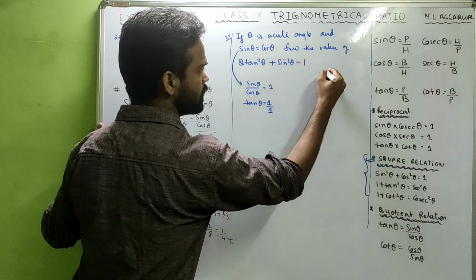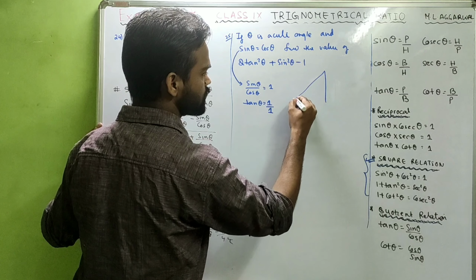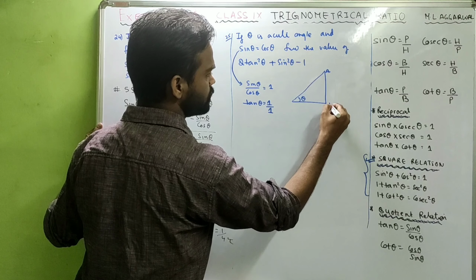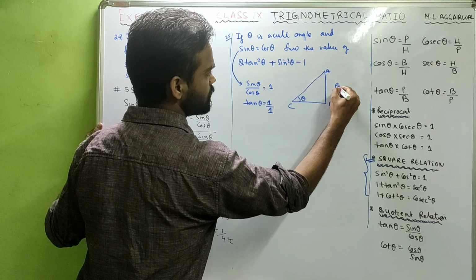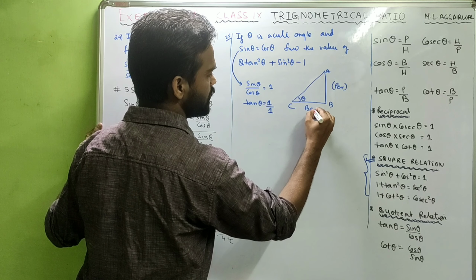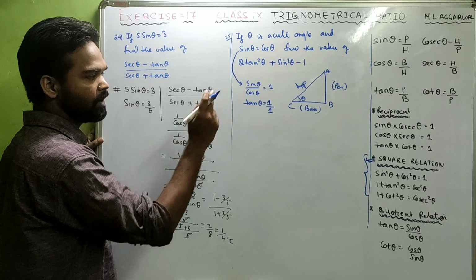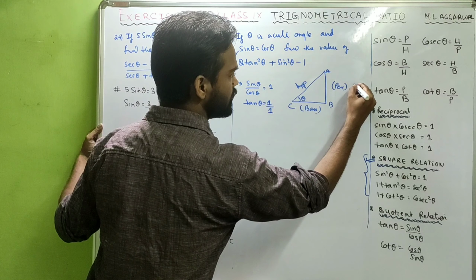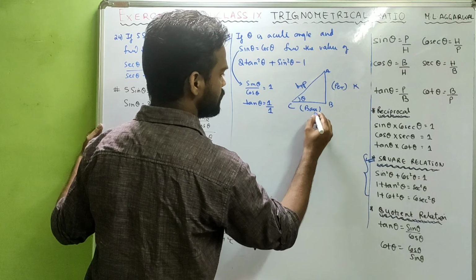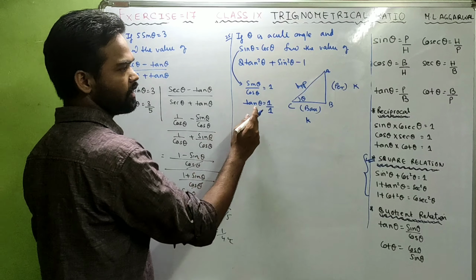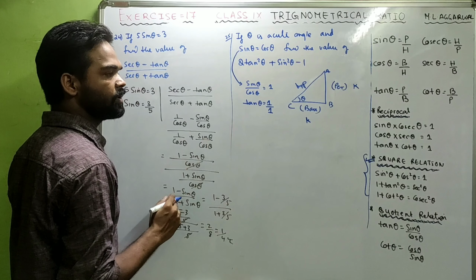So if I draw a triangle, suppose like this, if this is my theta, A, B, C, this is my perpendicular, this is my base, this is my hypotenuse. Tan theta is perpendicular by base. I can let the perpendicular be 1k, and the base be k.